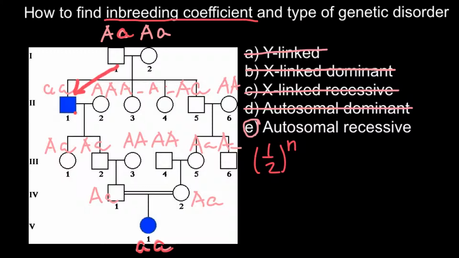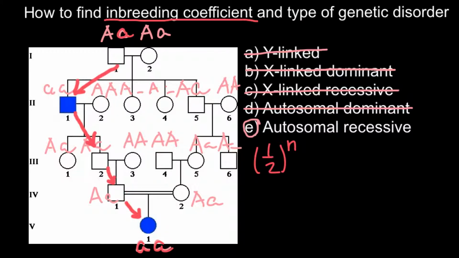Person 1 may give recessive allele to the person 2 in the third generation. Person 2 may give this recessive allele to the person 1 in the fourth generation, and this allele may end up in the fifth generation from the paternal side of this affected person.